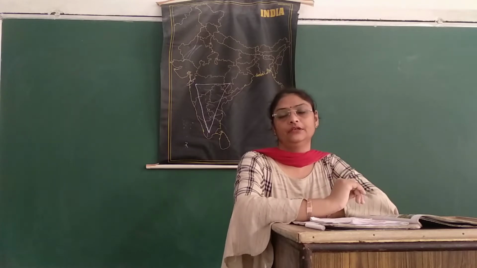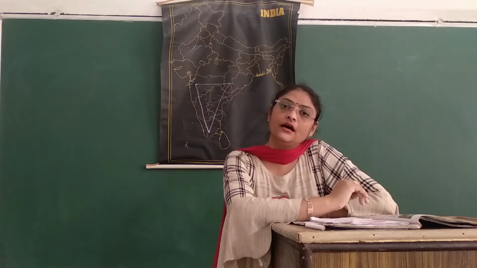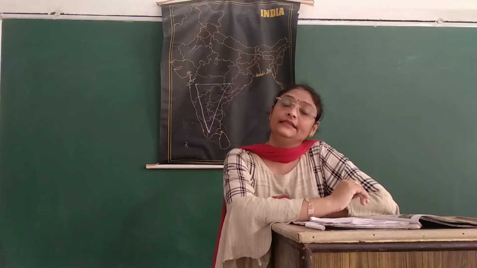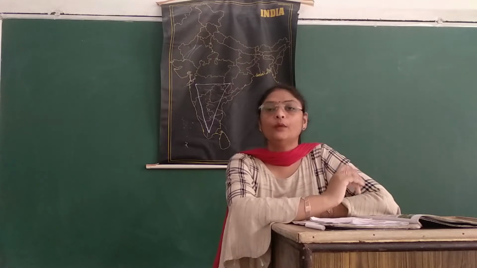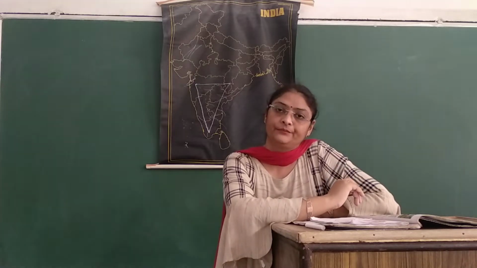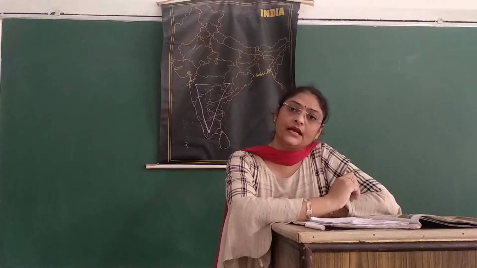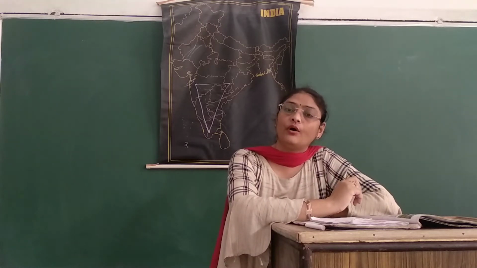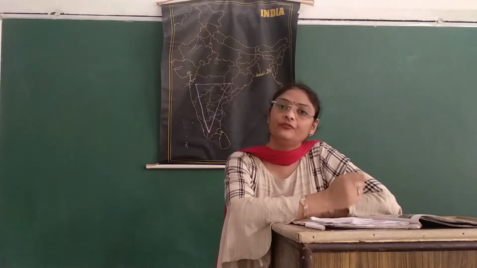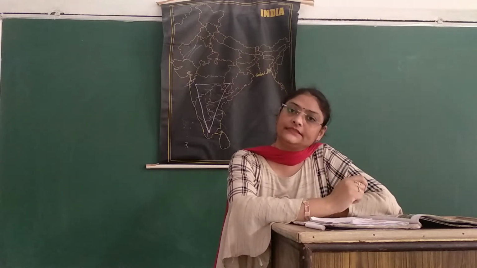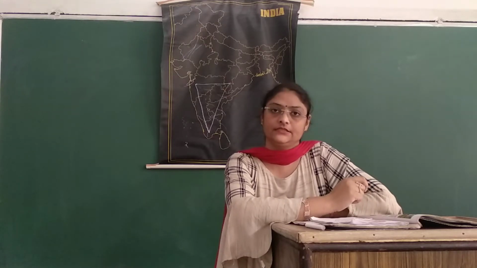The crescent shape sand dunes are known as the Barchans, and this type of sand dunes are found in the Indo-Pakistan boundary, like in Jaisalmer, Barmer. So in this area, the sand dunes are formed in the crescent shape, in the shape of half moon. So these crescent shape sand dunes are known as the Barchans.